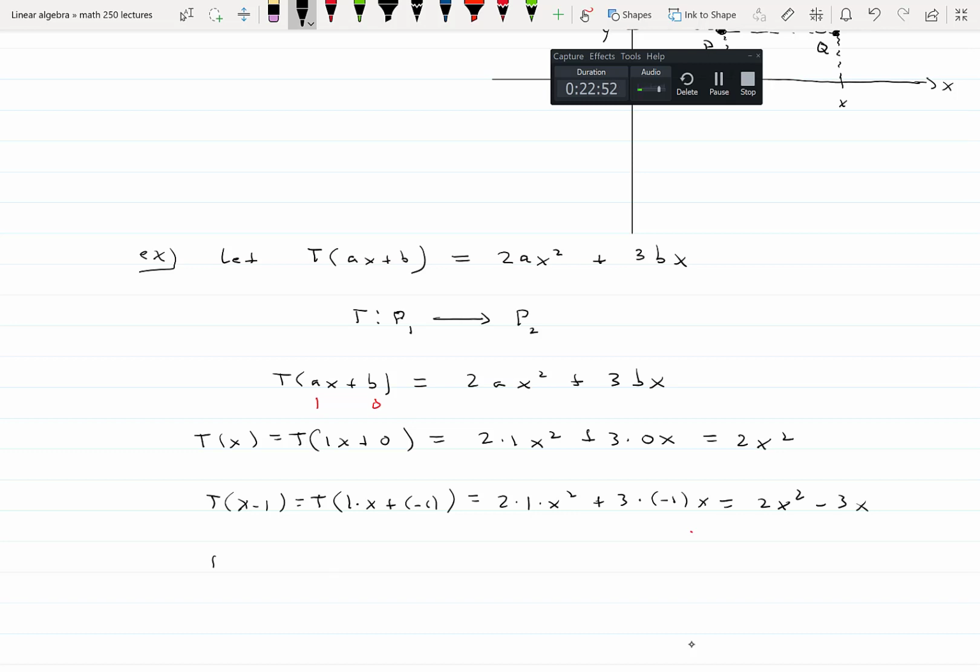This is the polynomial y equals 0. T takes 0 times x plus 0 and turns it into 2 times 0 times x squared plus 3 times 0 times x, which is 0. And that's the 0 vector in P2.